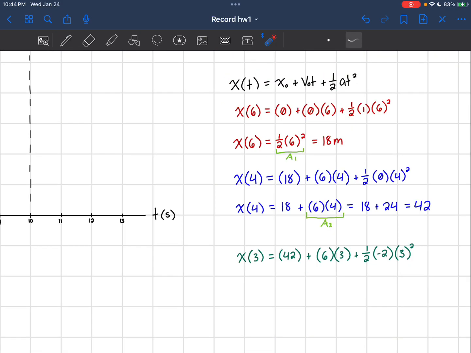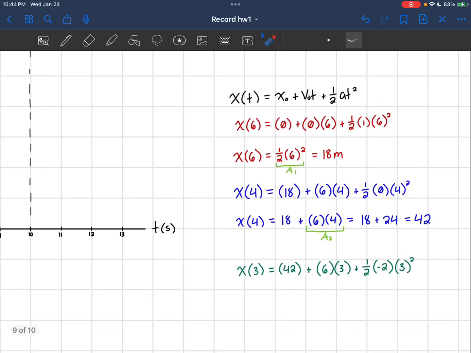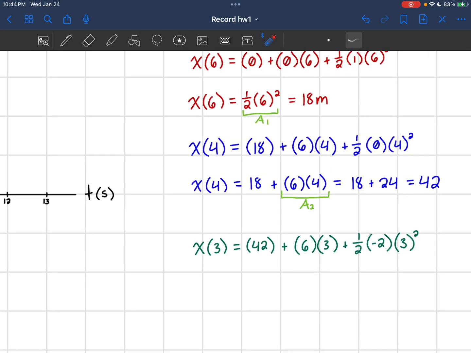Now, this doesn't quite look like our equation from before, and the reason is that it's just formatted a little bit differently.